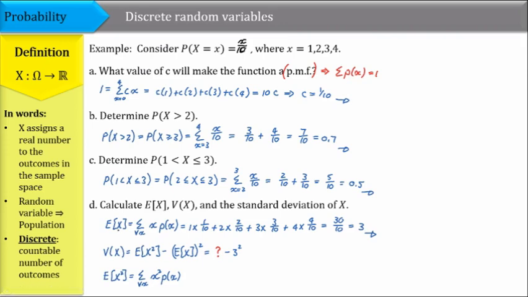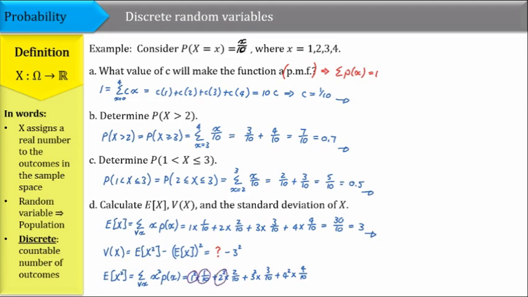Well, how do we calculate an expected value? Expected value will be the thing in brackets, in this case x squared. We'll take the thing in brackets, multiply it by its probability, and add all those products together. So what do we have? Well, x can be 1, so that means 1 squared times 1 over 10.